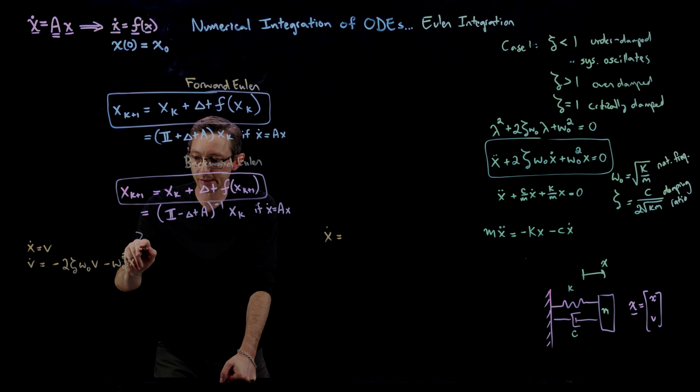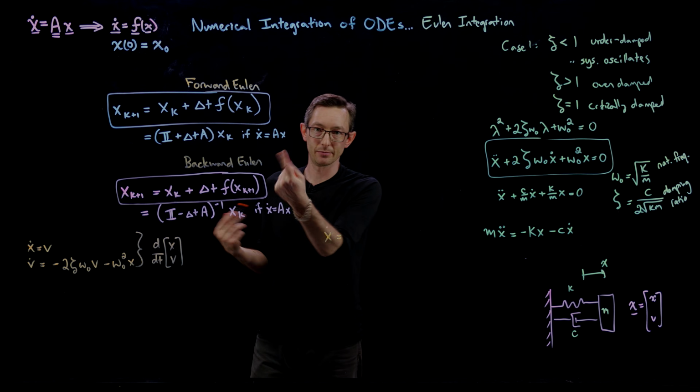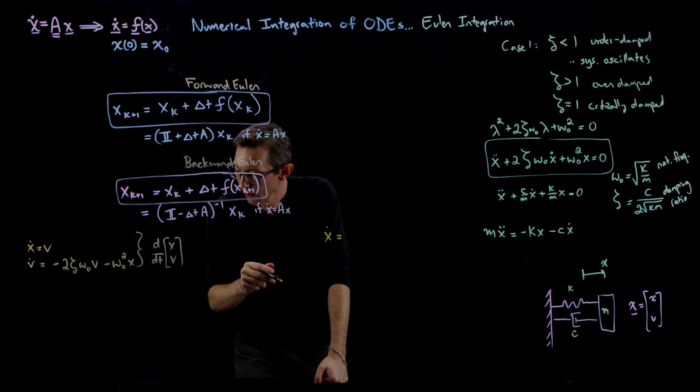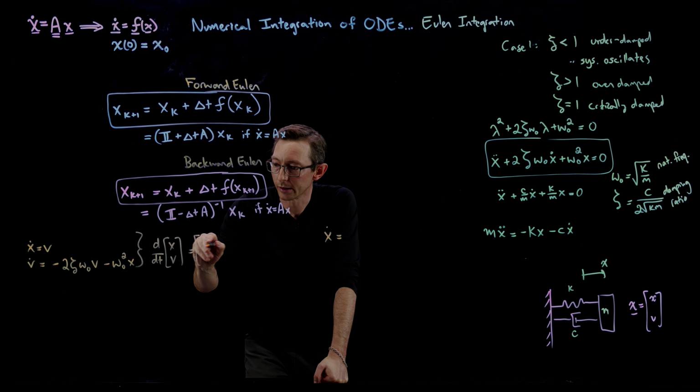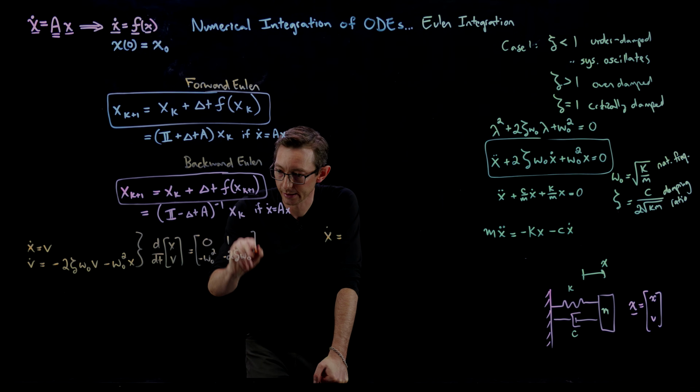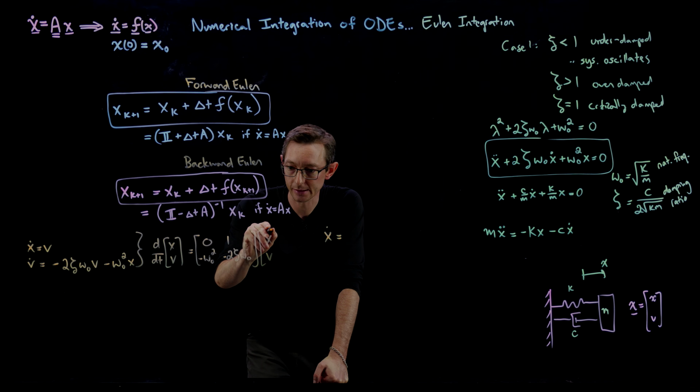And I can write that as a system of differential equations: d/dt of x and v, that's the state of my system, equals 0, 1, and minus omega naught squared, and minus 2 zeta omega naught, times x and v.